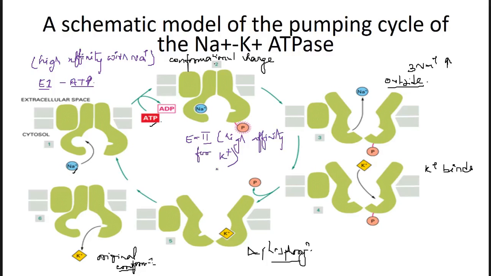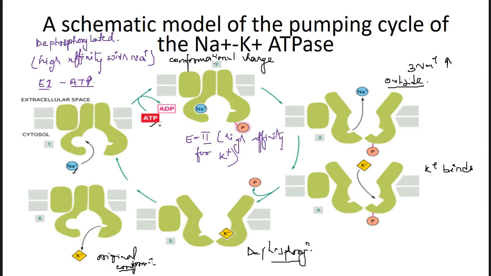Am I able to explain what I said? This sodium potassium ATPase exists in 2 conformations. One is phosphorylated, another is dephosphorylated. The dephosphorylated one is the E1 state, and it has high affinity for sodium.